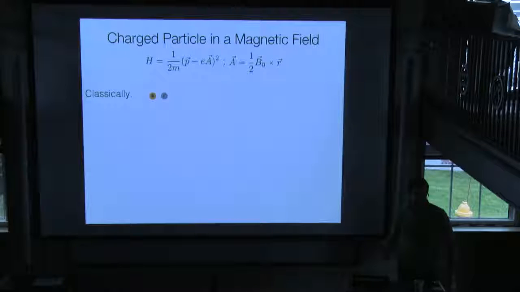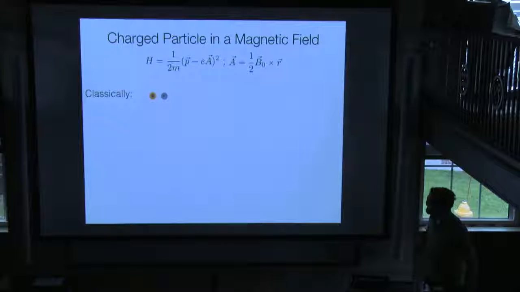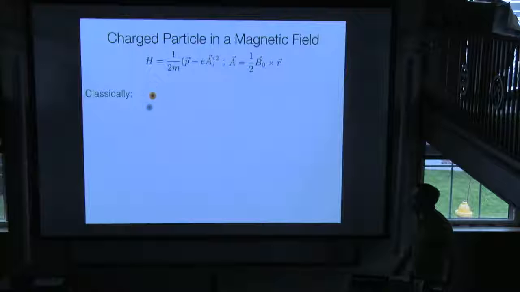With that kind of a backdrop, that we need to engineer the single particle physics, and then we need to engineer the interactions between the particles, let's take a step back and talk about electrons initially in magnetic fields. So this is kind of the Hamiltonian for an electron in a magnetic field, either classically or quantum mechanically. And what we know is that this electron just goes in a little cyclotron orbit.